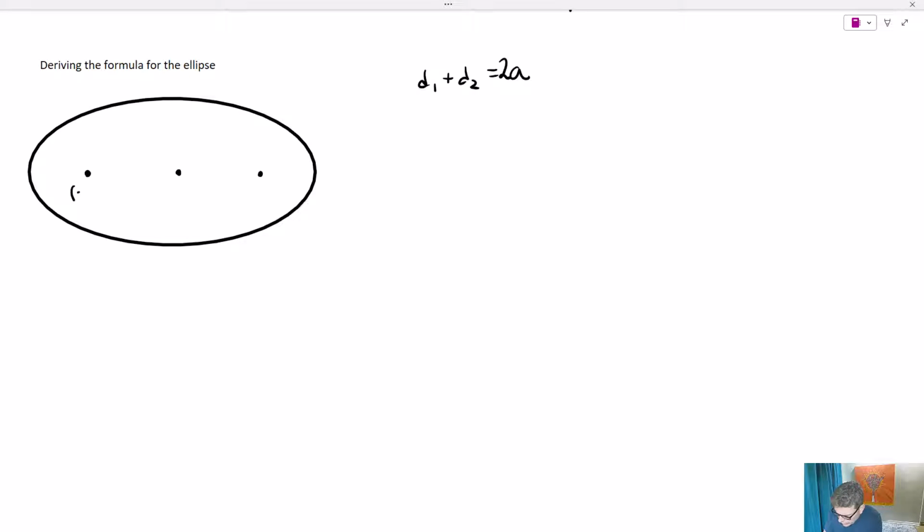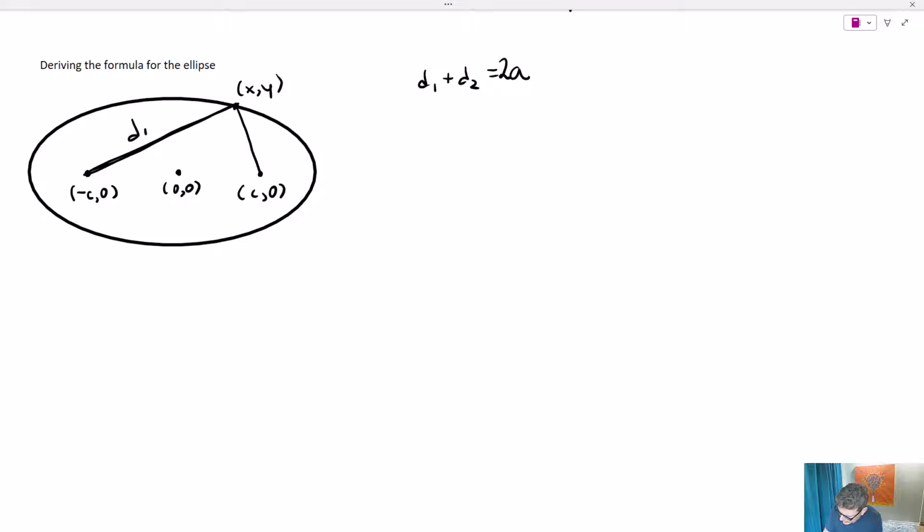So this foci is going to be negative C, 0, all right? And this one's going to be C, 0, and that means that our center is going to be at 0, 0. And we're going to take an arbitrary point, any arbitrary point that we want, and we'll call that arbitrary point x, y. So we've got these two lengths right here.